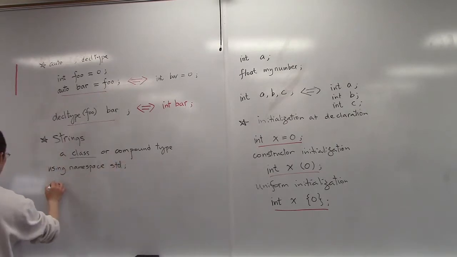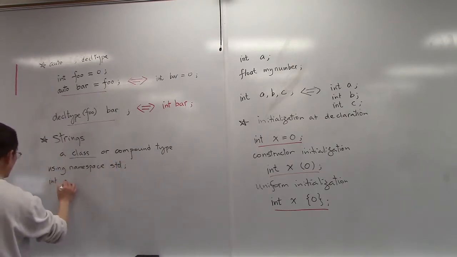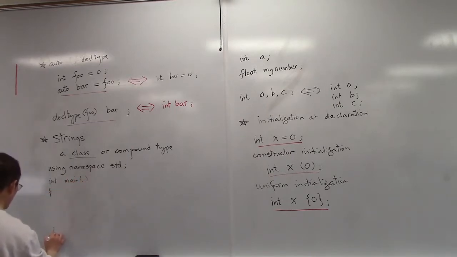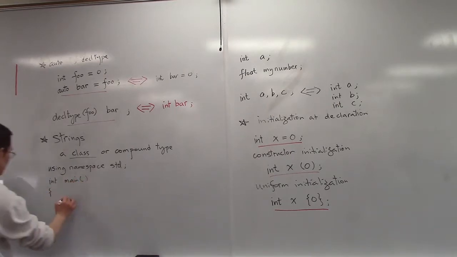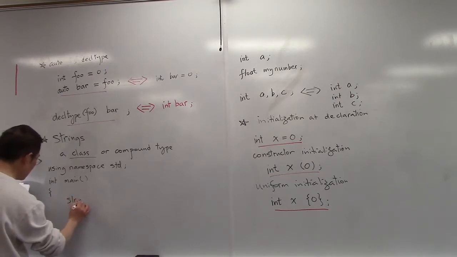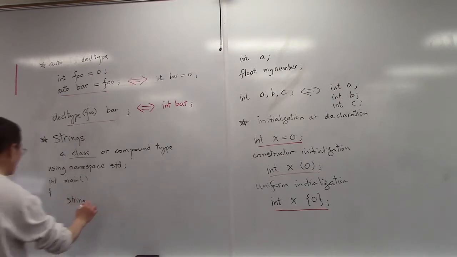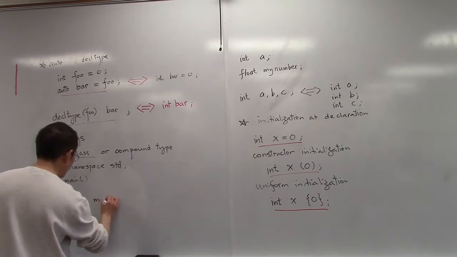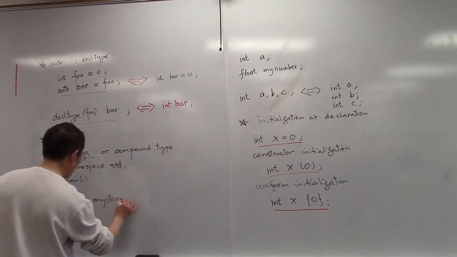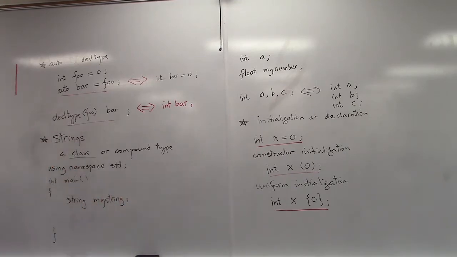Then inside your program, we can say string my_string. That statement declares this variable as the string class, or the compound string type.